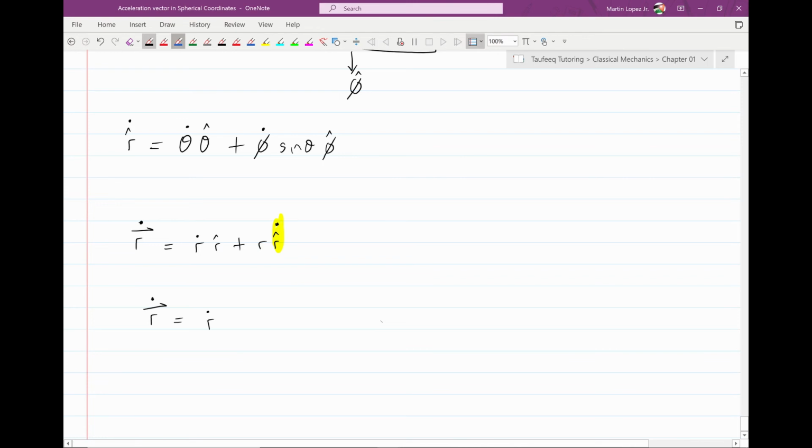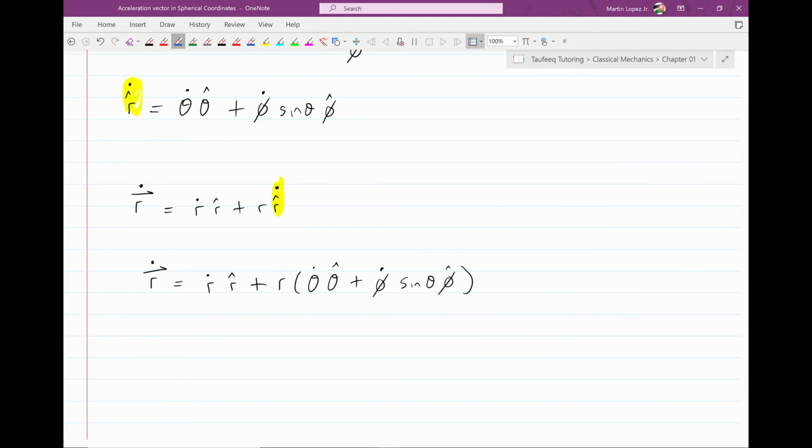So r dot is equal to r dot r hat plus r theta dot theta hat plus r phi dot sine theta phi hat. Okay. We just substituted in this term.